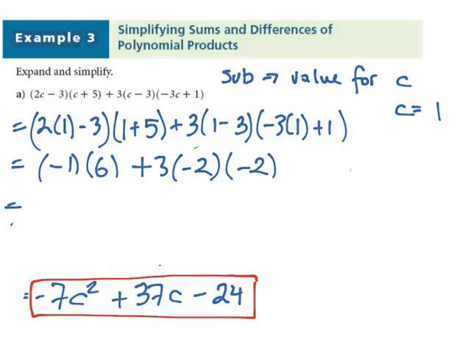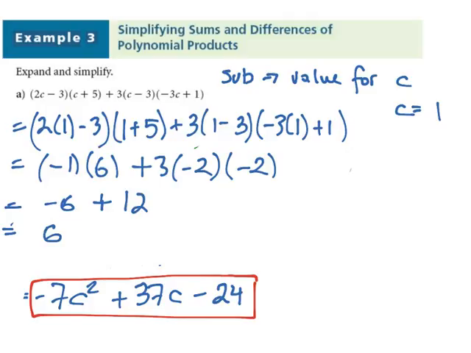And we just multiply: negative 1 times 6 is negative 6, plus 3 times negative 2 is negative 6, negative 6 times negative 2 is positive 12. And negative 6 plus 12 is just 6.